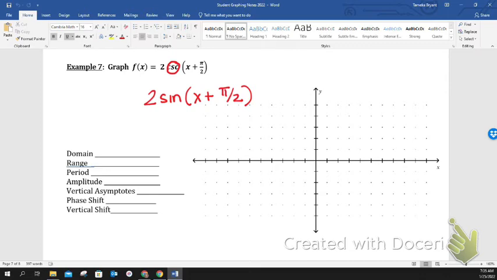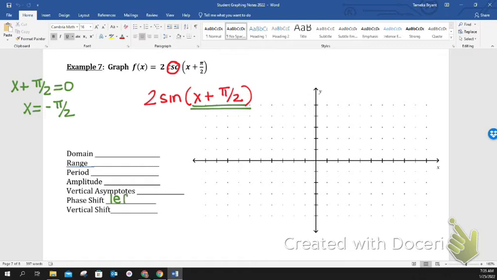So the first thing we're going to do is figure out our phase shift, because now it has a shift. Take your parentheses, set that equal to 0. And you should get negative pi over 2. And it's negative, so we're going to go to the left.